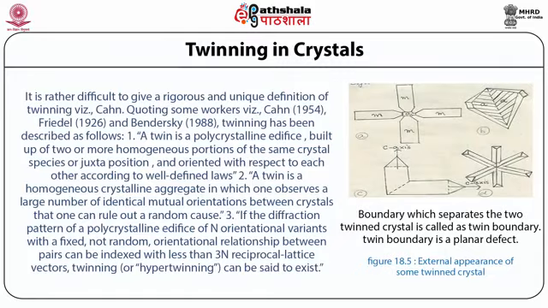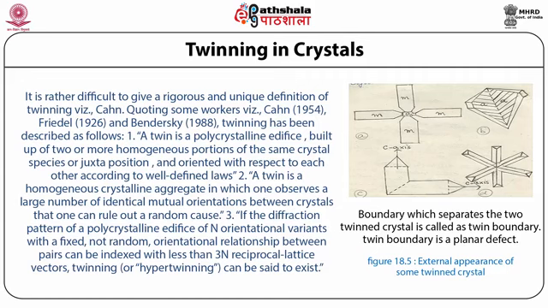It is rather difficult to give a rigorous and unique definition of twinning. Kahn, quoting some workers, namely Kahn 1954, Friedel 1926, and Bendersky 1988, described twinning as follows. Number 1.